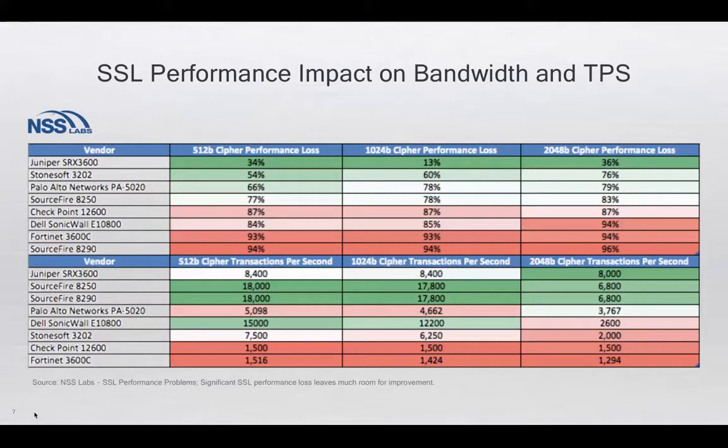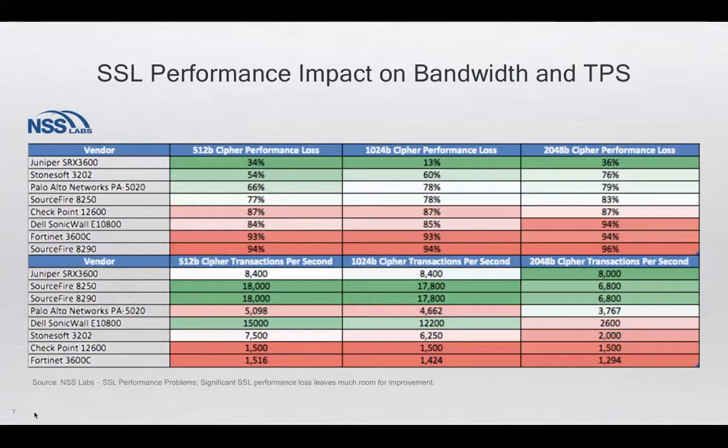You're in a bad spot. If you don't decrypt and you don't look at it, then you're vulnerable to attack. If you decide, if I need to look at it, I'm going to ask my machine to do it, then the performance goes down and productivity and the experience and everything like that takes a big hit. And so it's a pickle. You're caught in a bad spot there because of just the rise of SSL and what it means.